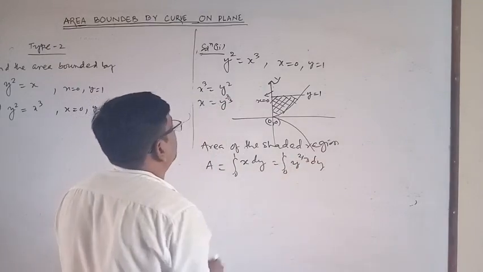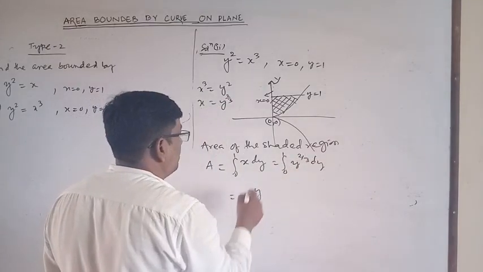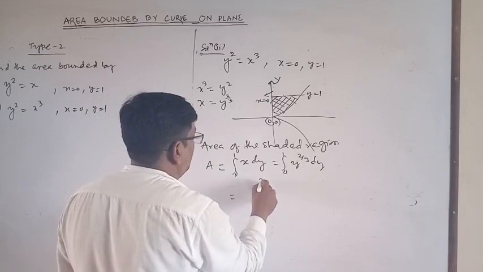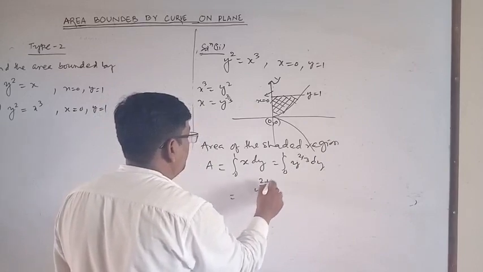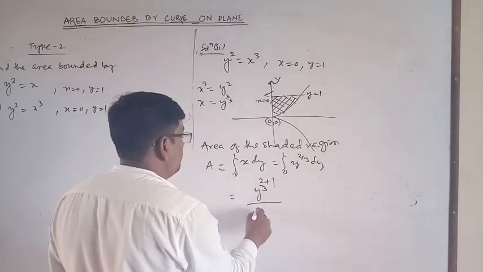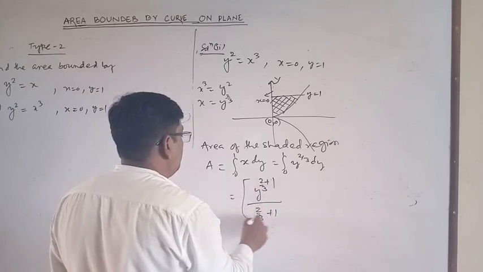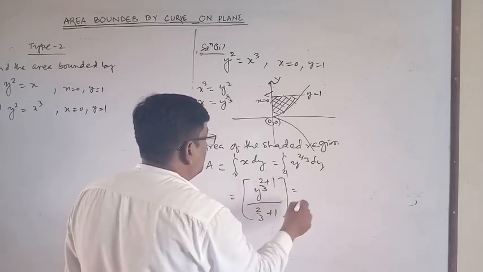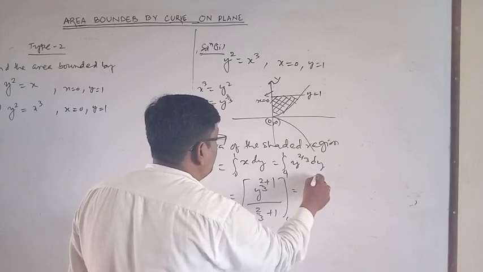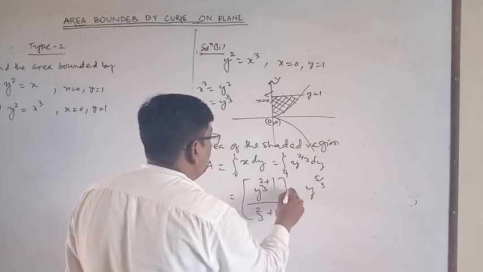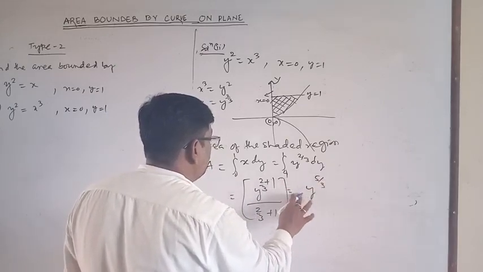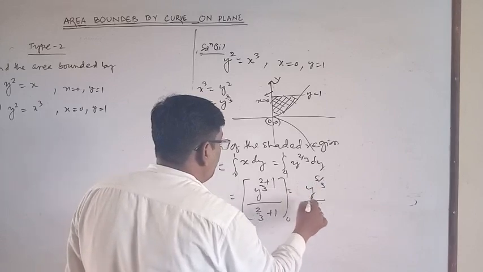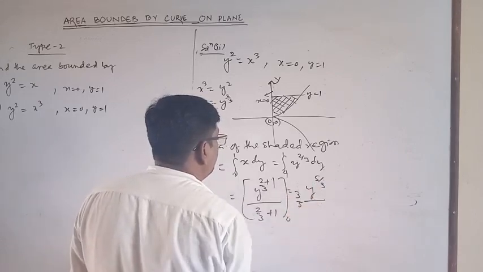into dy. So y to the power 2 by 3 plus 1, divided by 2 by 3 plus 1, limit is 0 to 1. So y to the power 5 by 3 into 3 by 5, that is divided by 5 by 3 means 3 by 5.